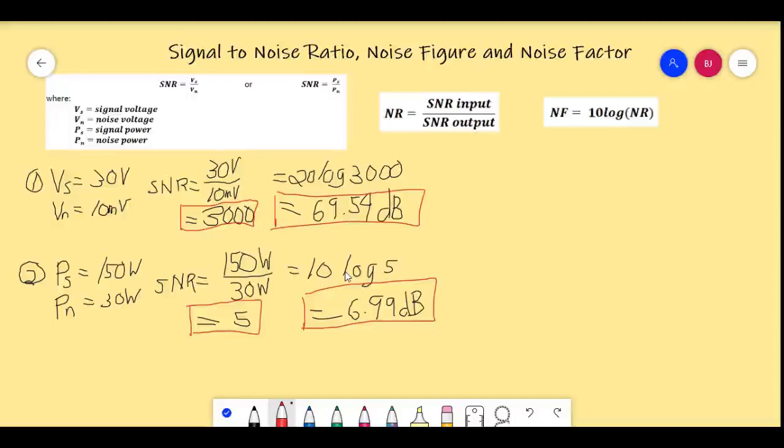When we are using the signal to noise ratio in the input and output and determining the noise figure, be careful that we are supposed to use the signal to noise ratio in absolute units. We won't be using the one in decibels. So let's have two examples.